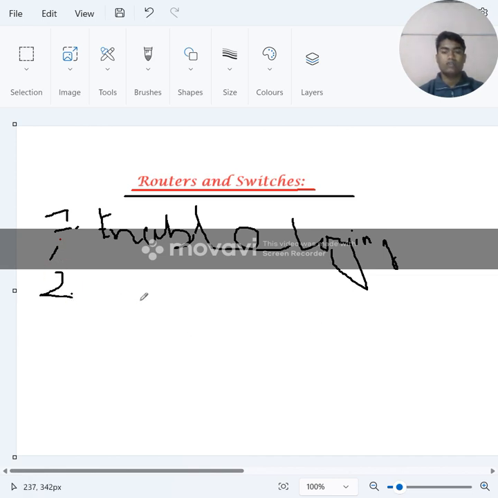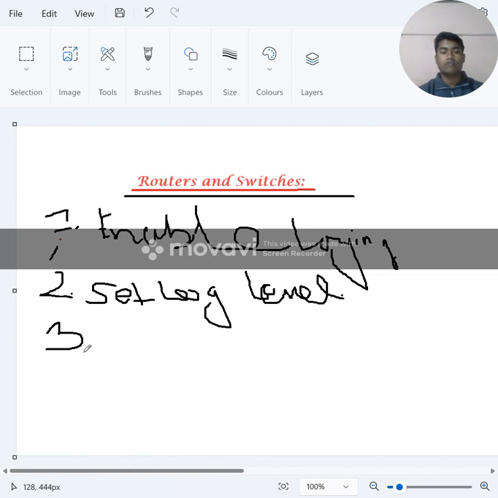Second is set log levels and categories. What is the log level? Set the log level.